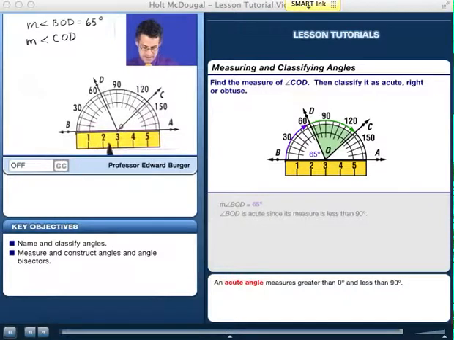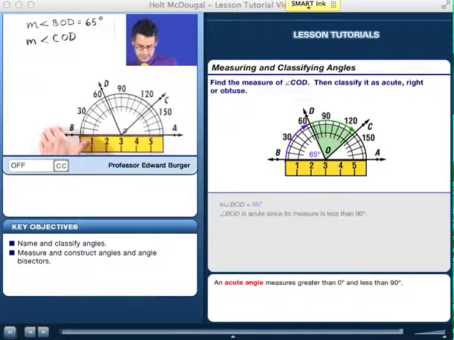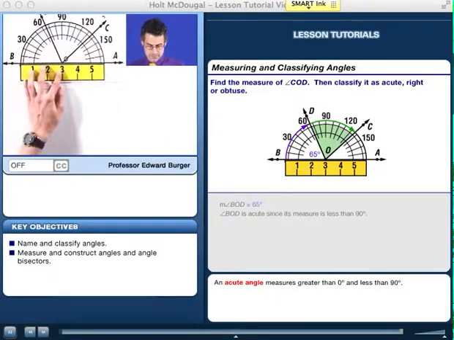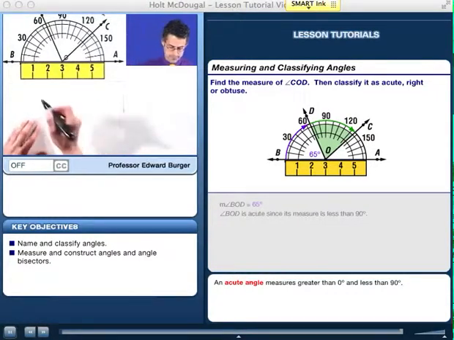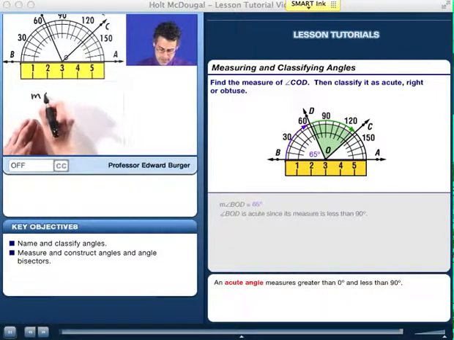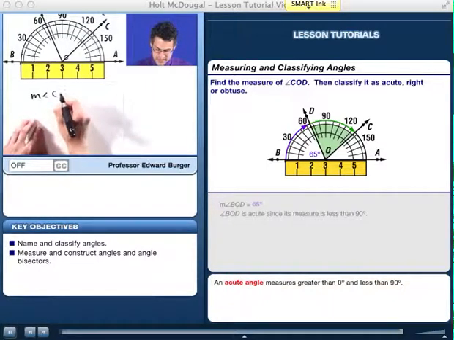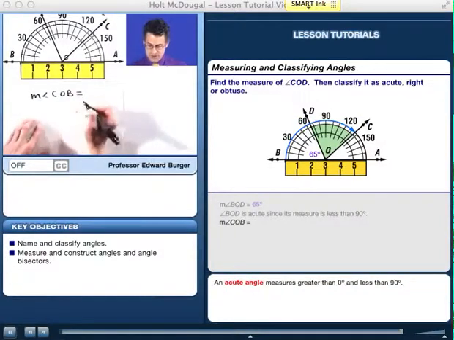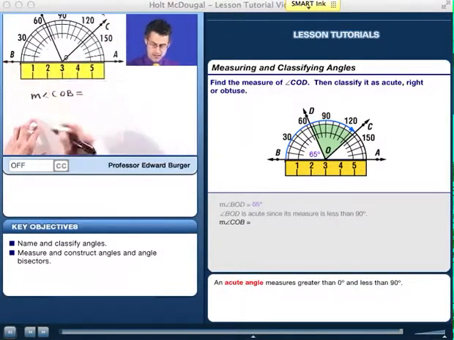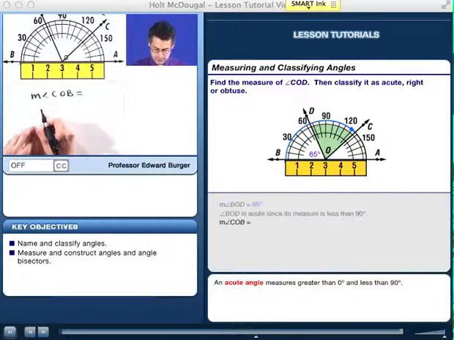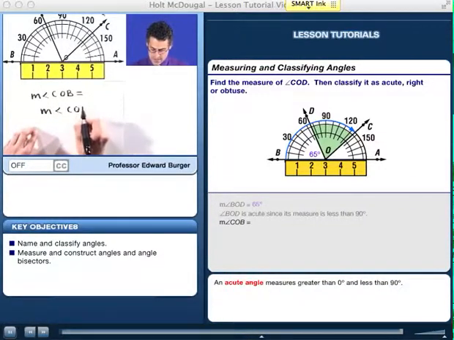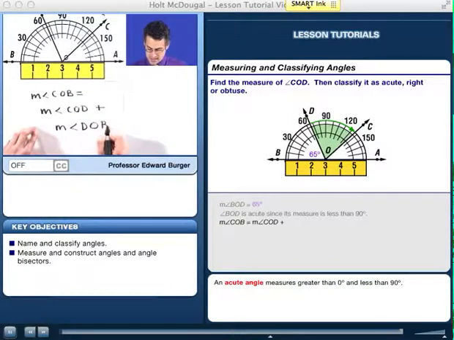So here's what we say. We say that, and I'm going to write this over here. The measure of angle COB equals the measure of angle COD plus the measure of angle DOB.